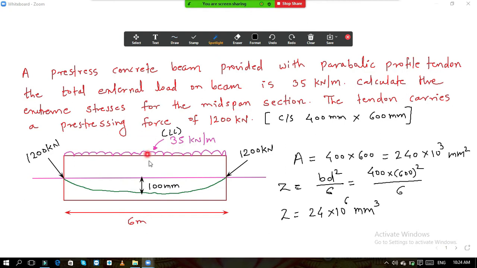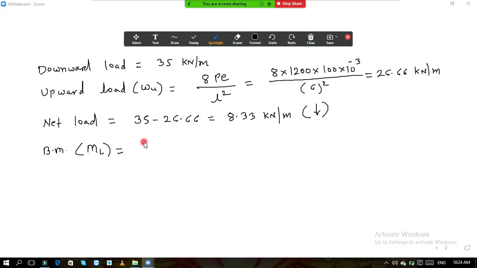In the previous problem a point load was given, so we used the formula WAB by L. Now UDL is given, so the formula is WL square by 8. So W is 8.33 into 6 square divided by 8. So solve it now.